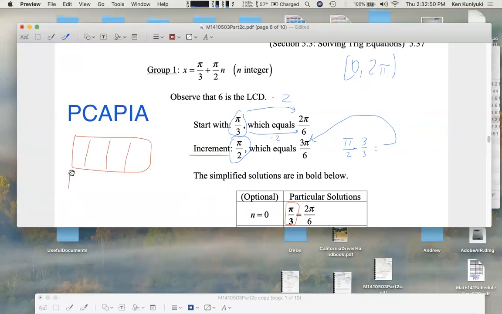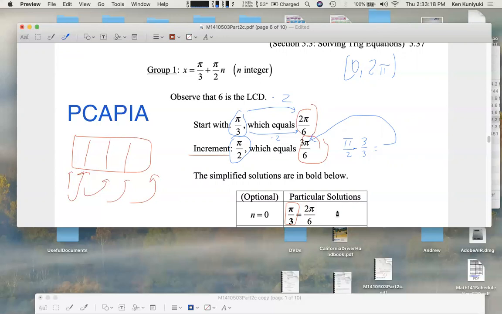I had to get from the phase shift, or 0 maybe, to here, and then to here, and then to here, and then to here. And we use the idea of an increment, a thing that we add to get to each new coordinate for these grid lines. Well, similarly, we're going to start with 2 pi over 6, and we're going to keep adding pi over 2 in the form of 3 pi over 6. So we're going to start with 2 pi over 6, and we're going to keep adding 3 pi over 6.